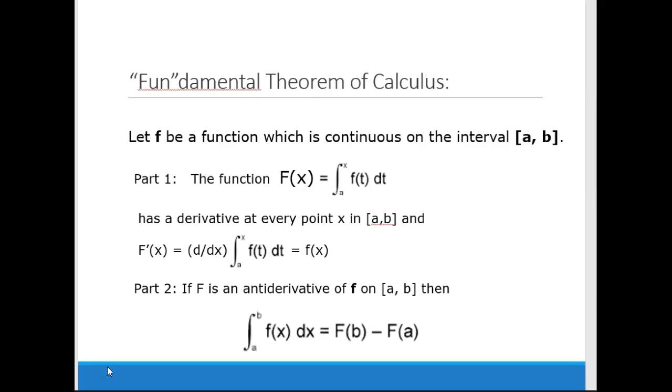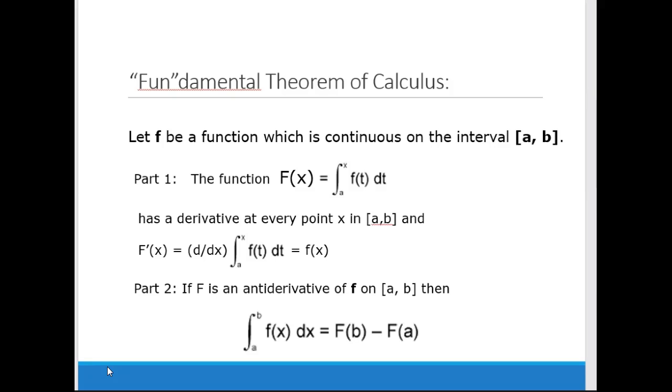The first part of the fundamental theorem of calculus says that if f is a continuous function on the interval [a, b], then the function F of x equals the integral from a to x of f of t dt has a derivative at every point x on that interval.